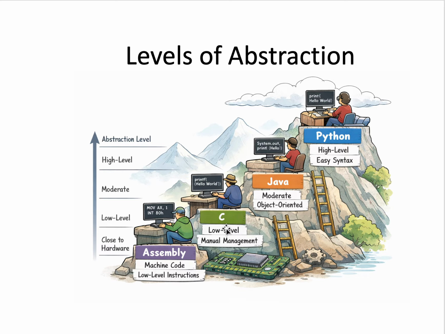So there's a compiler for Win32, there's a compiler for Linux, and there's a compiler for everything in between. Now, assembly is machine code that is just more readable, because assembly has what we call low level instructions.